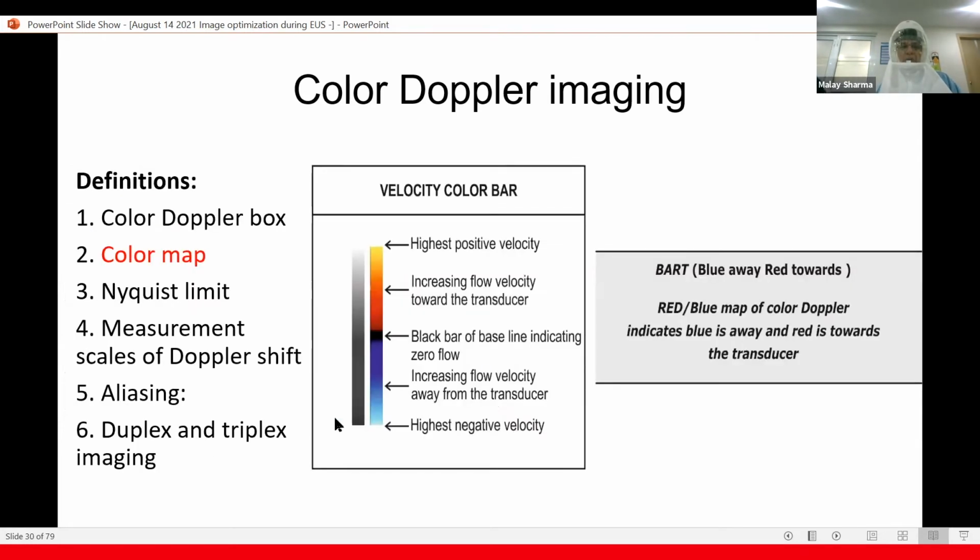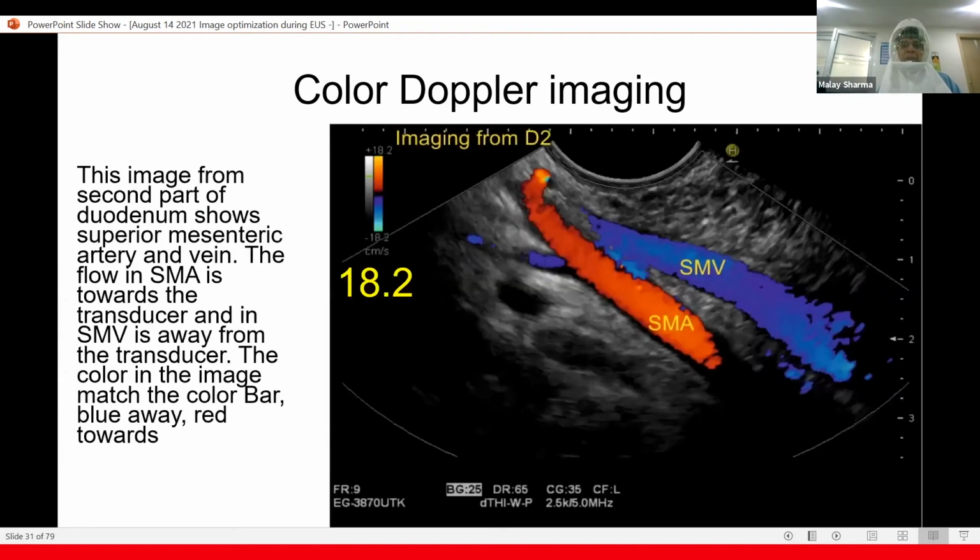Color map: on the side screen, you will see this color map. Highest positive velocity, highest negative velocity. This is the highest positive and negative color map. Nyquist limit: we can see on the screen that this is 18.2, and this is the limit of velocity that is measured right now.